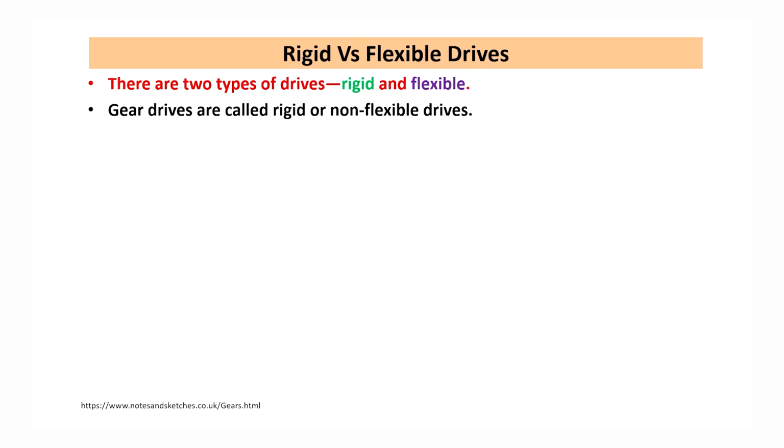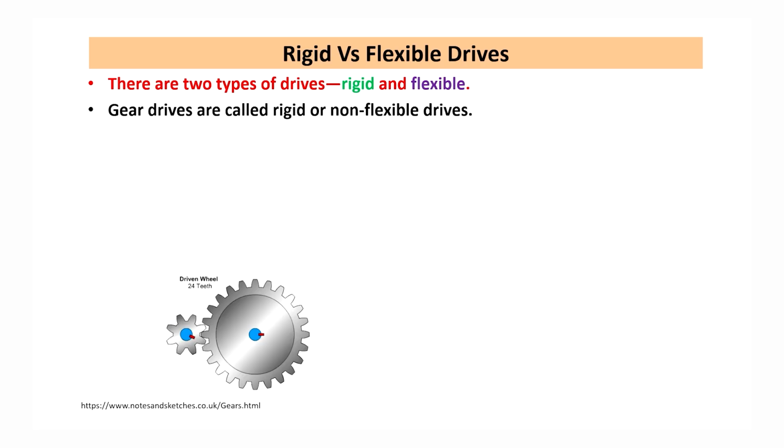Gear drives are called rigid or non-flexible because the driving shaft and the driven shaft are connected with the help of rigid members, the rigid driving gear and the rigid driven gear.